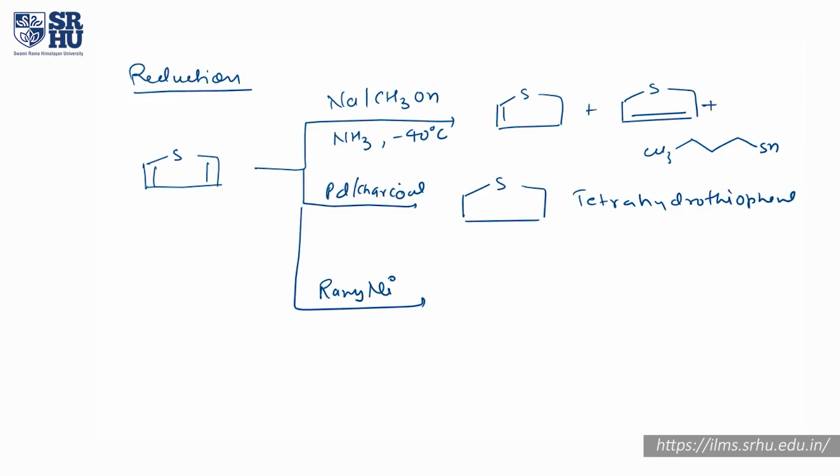The reduction can be done by Raney-Nickel in presence of acetic anhydride, and the ring opening will happen and you will get CH3, CH2, CH2, CH3. That means you will get n-butane. So this completes the chemical reactions of thiophene.